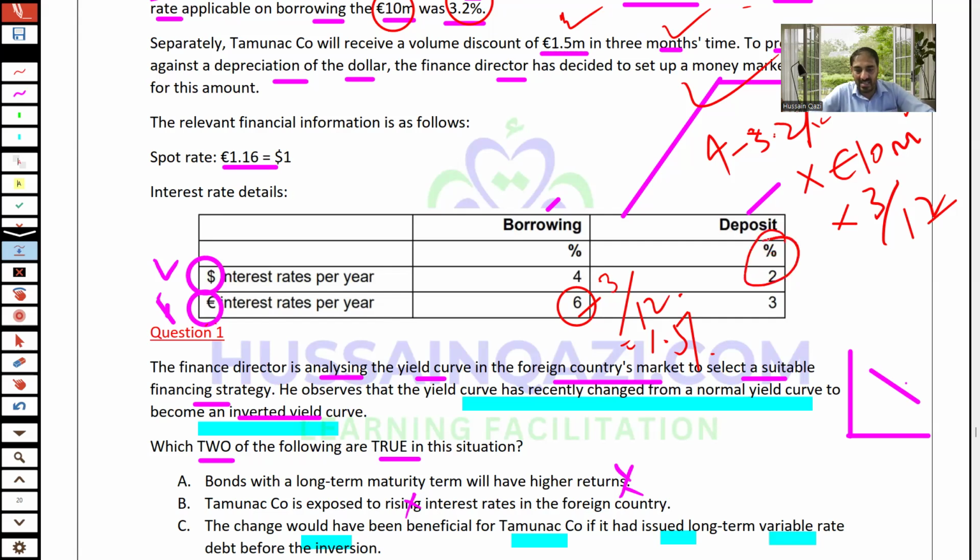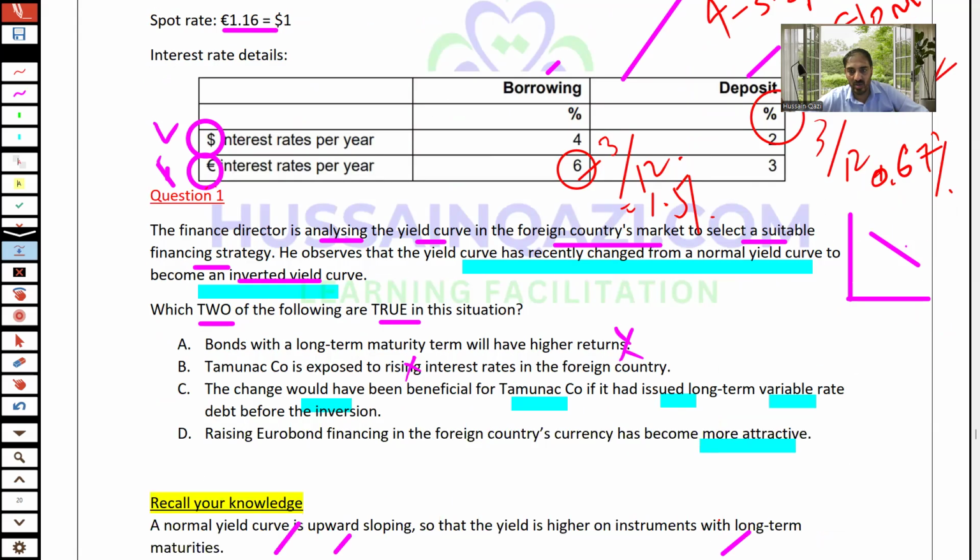And you apply the same for 2% prorated into 3 over 12. So that is something about 0.67%. So one side foreign currency liability, other side local currency asset.